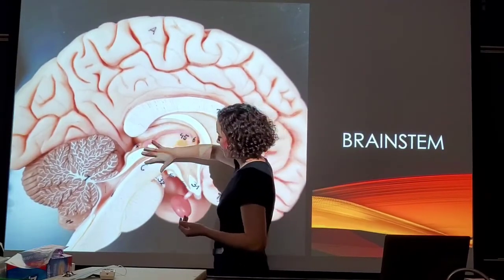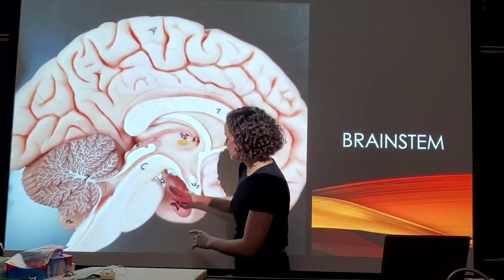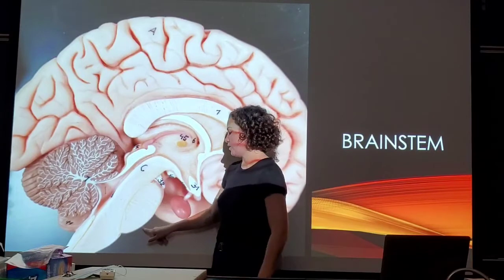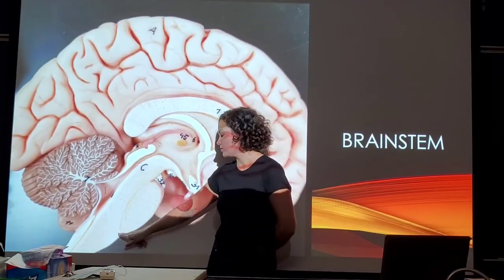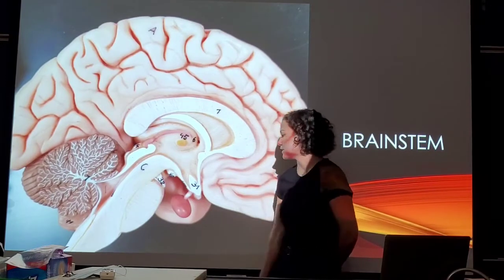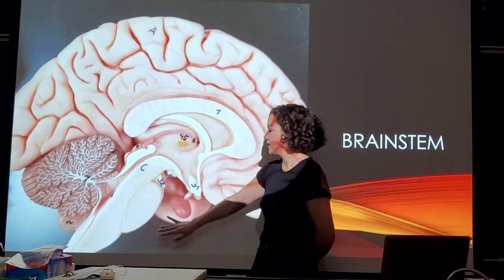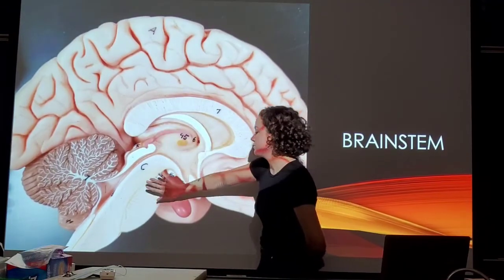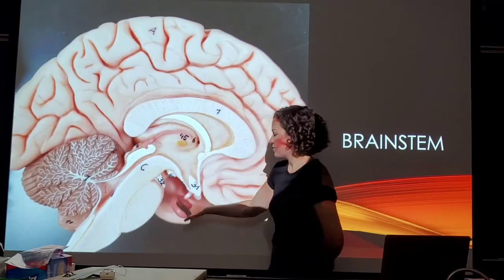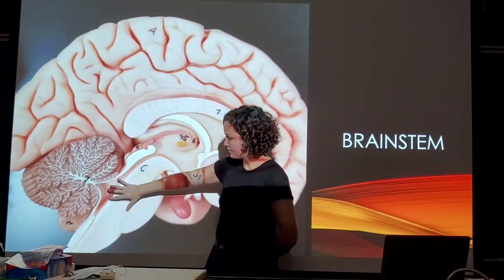And then you move inferiorly and externally, and you reach a nice little bulge, okay? Every brainstem has this nice bulge facing anteriorly on the brainstem. This is called the pons. So you have midbrain in the middle and internal, pons, which is the bulge, and then lastly, you have the medulla oblongata.